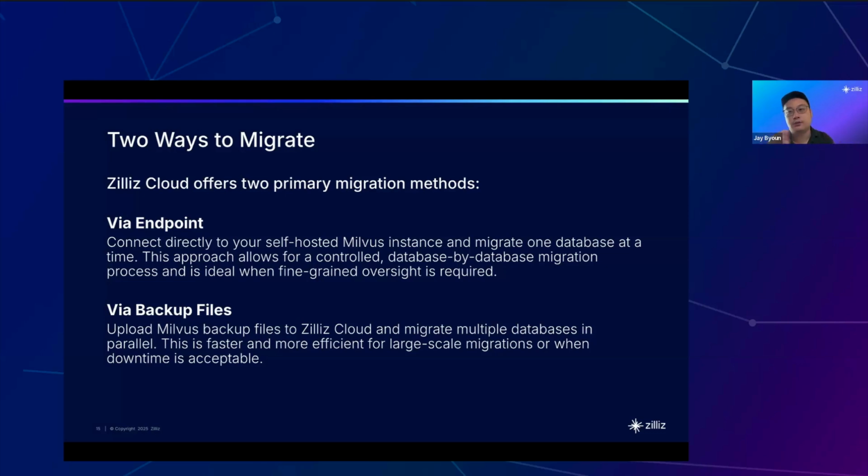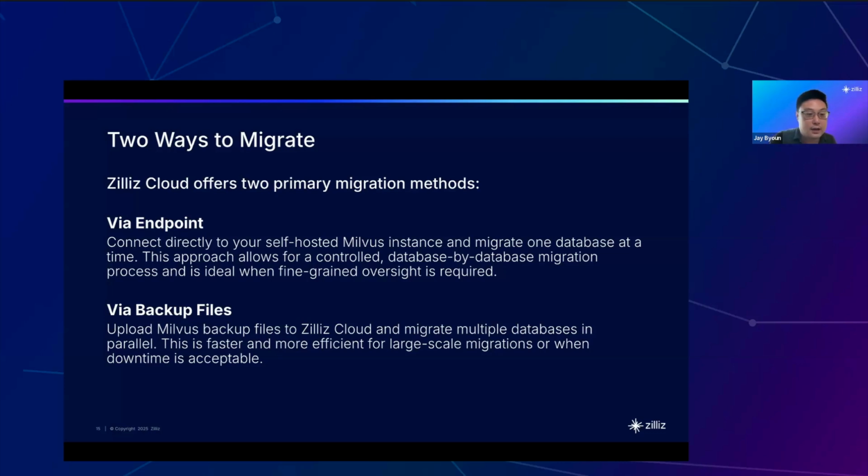Then once you're done, you can point all the reads and writes to Zilliz after you've confirmed that it's up and running. We have documentation on this, and it's a very easy to use migration path for a lot of folks. The downside is that occasionally we get security concerns: we don't really want to expose this outside our VPC, which is a completely understandable concern.